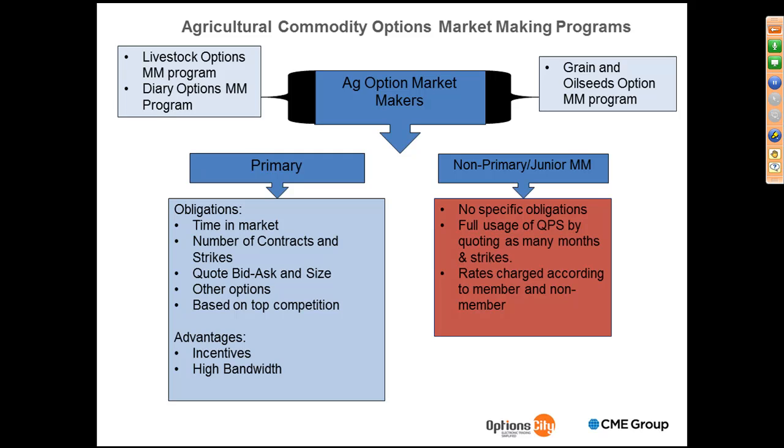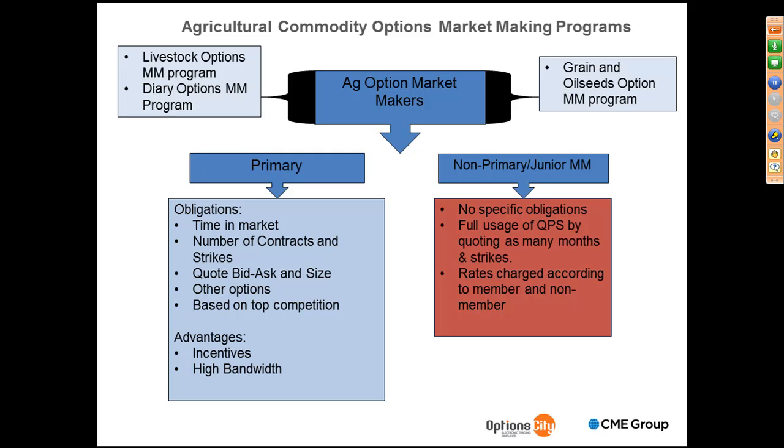So somebody who comes within the top 10 category typically has a higher bandwidth than somebody who does not qualify. They also have fee incentives, which I don't want to go into details right now. If somebody's interested, they can contact me. So it has incentives which the other market makers will probably not have.